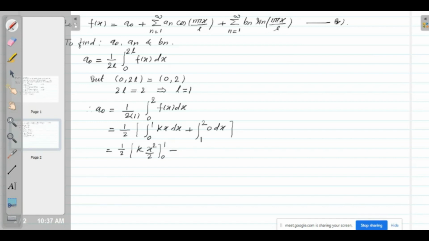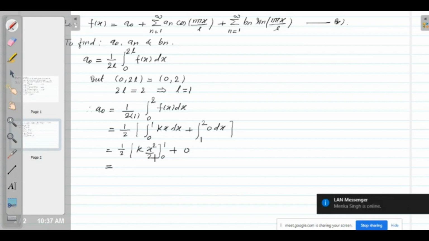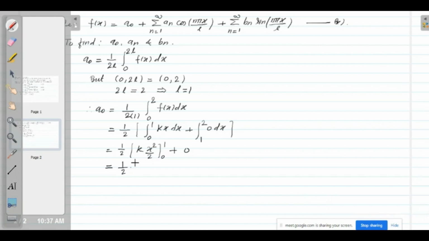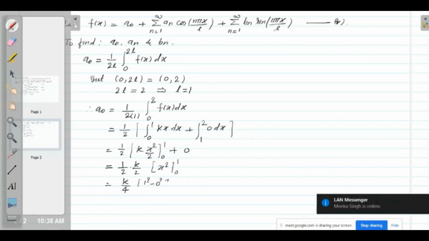So this is equal to k by 2 is constant, I'm taking it outside, so this is 1 by 2 into k by 2, with x square from limit 0 to 1. So this becomes k by 4, and here 1 square minus 0, so this becomes only k by 4.